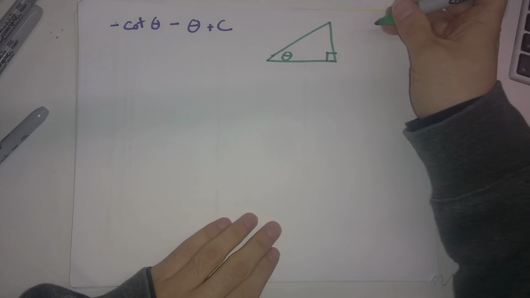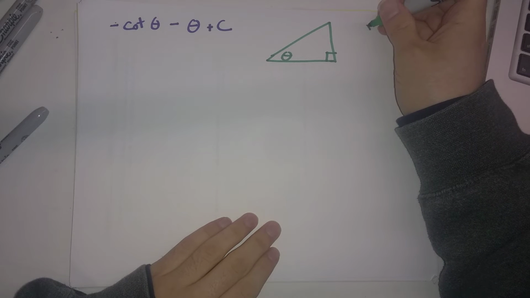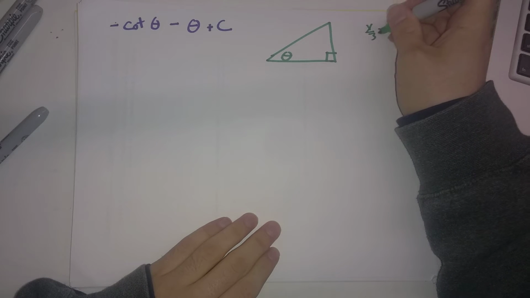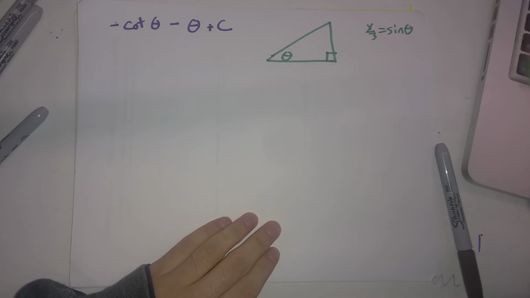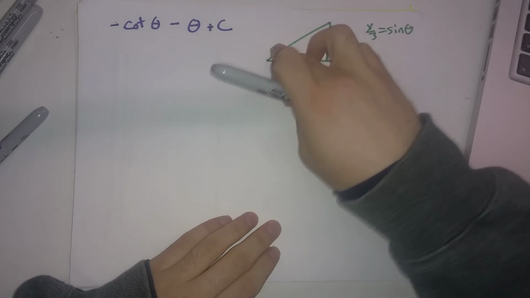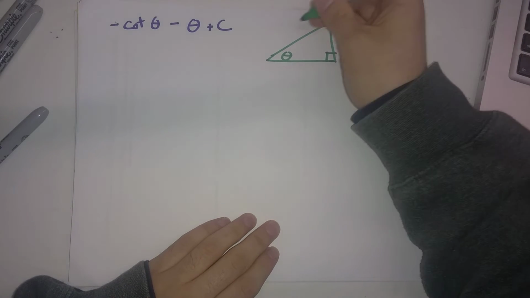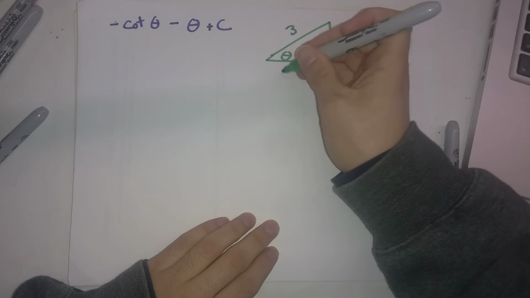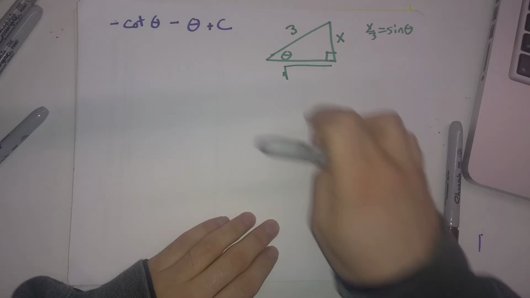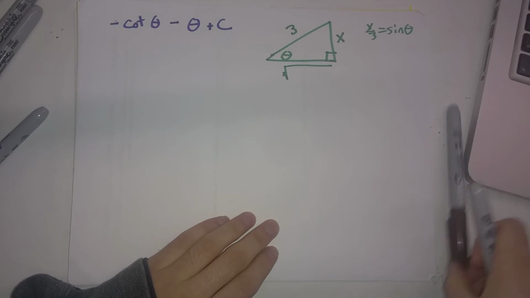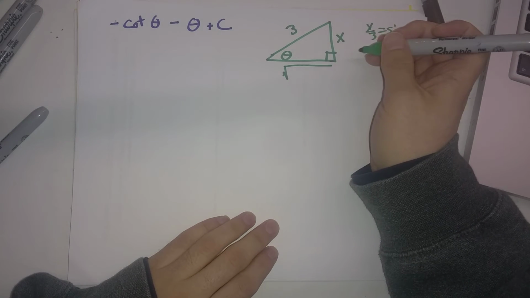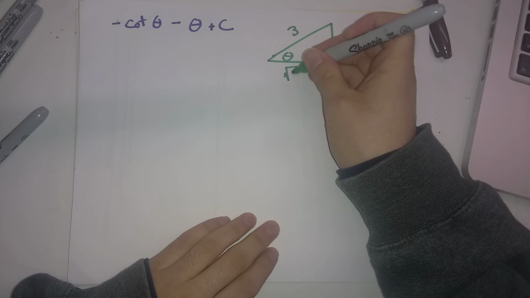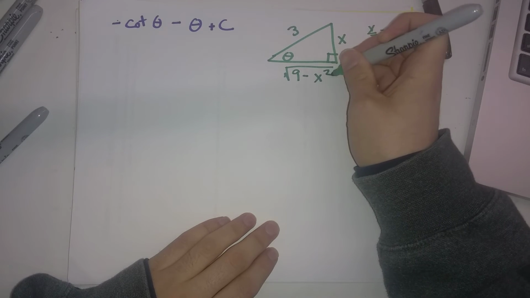And so I want to have x divided by 3 equal sine theta. Sine theta is opposite divided by the hypotenuse. So x and 3 can go in there. And then by the Pythagorean theorem, this side is going to be the square root of 3 squared minus x squared.